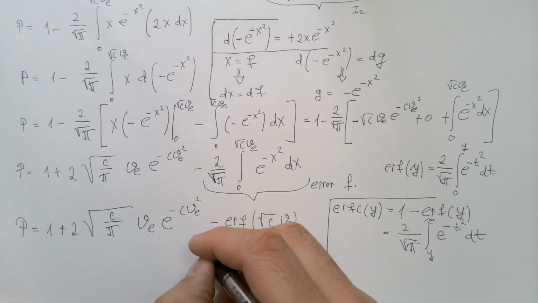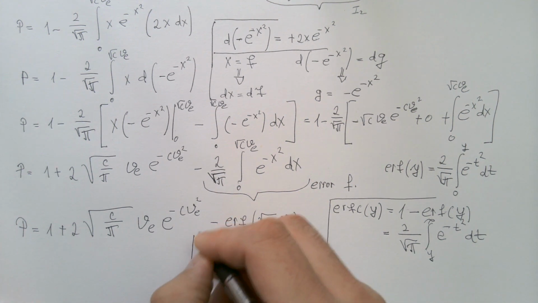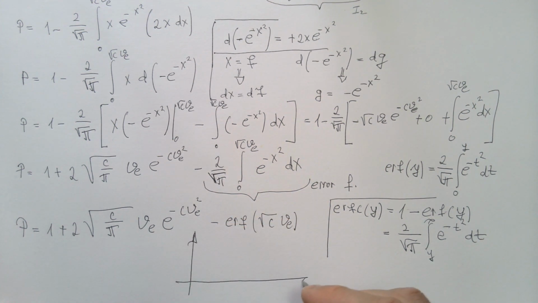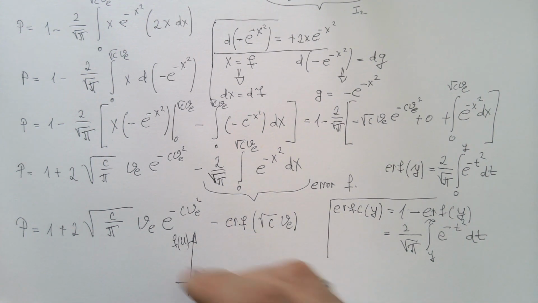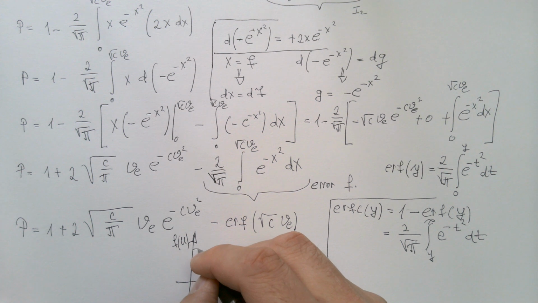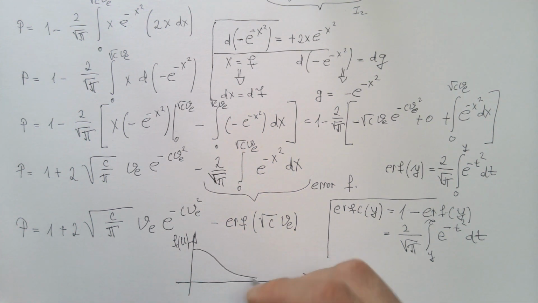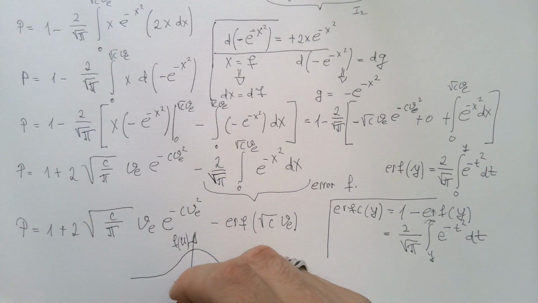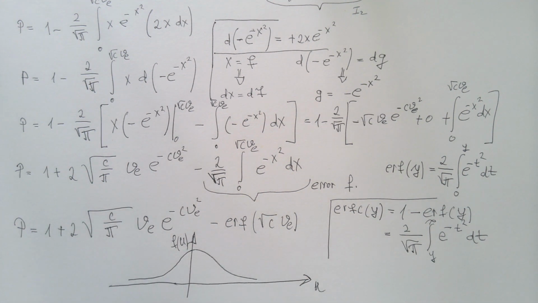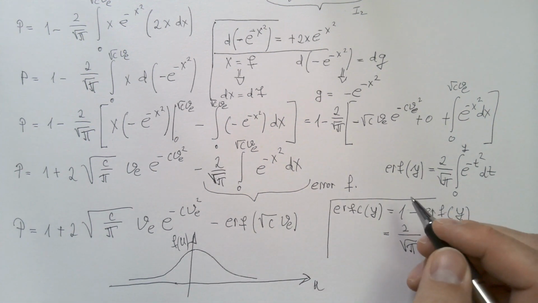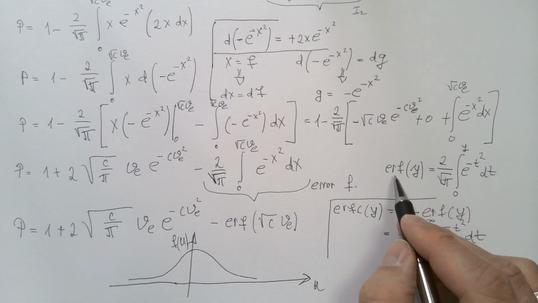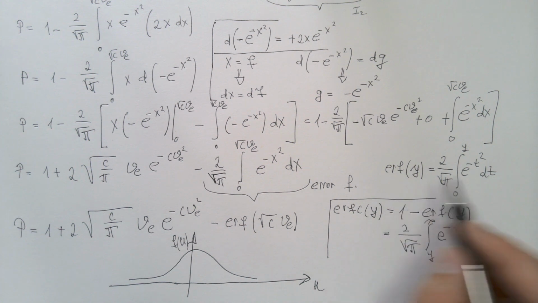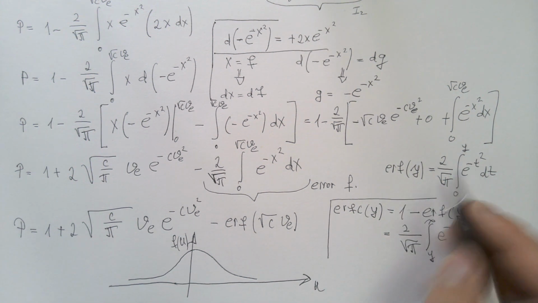Let me try to maybe explain the complementary error function even better. If here you have a variable, let's say u, it has to be a Gaussian variable, so it's normally distributed around this origin. Maybe my figure is not the best, but you get the point. This should be a normal distribution. Then the error function is taking the integral, as you can see, between 0 and some y.